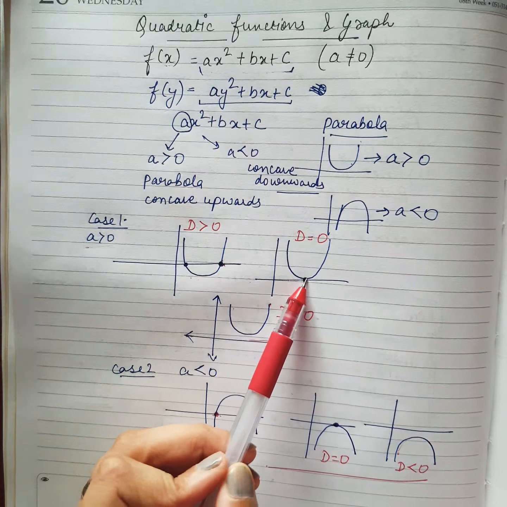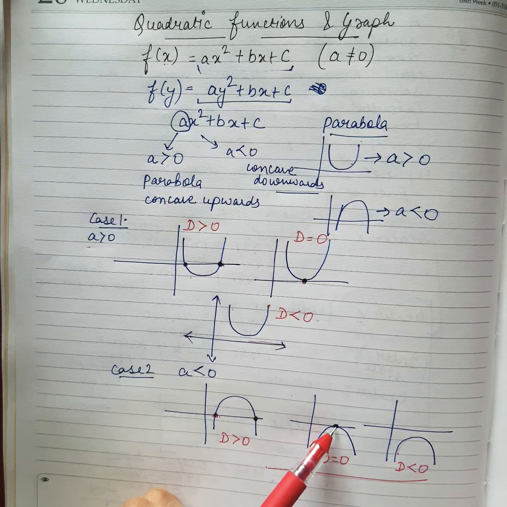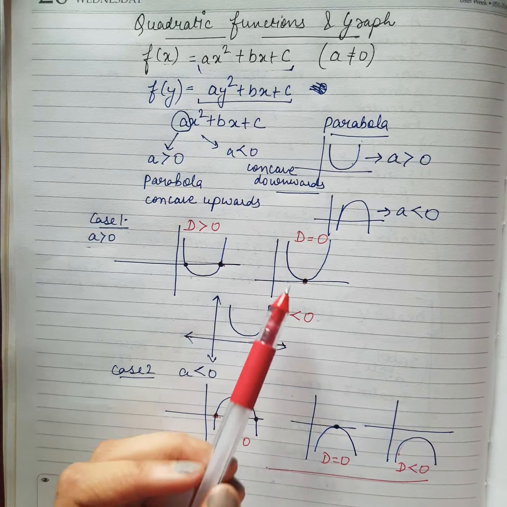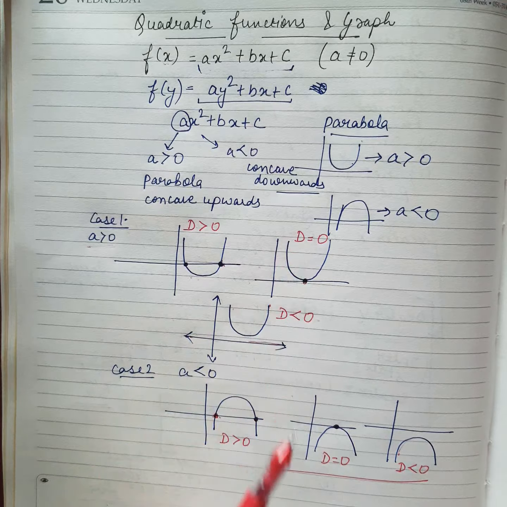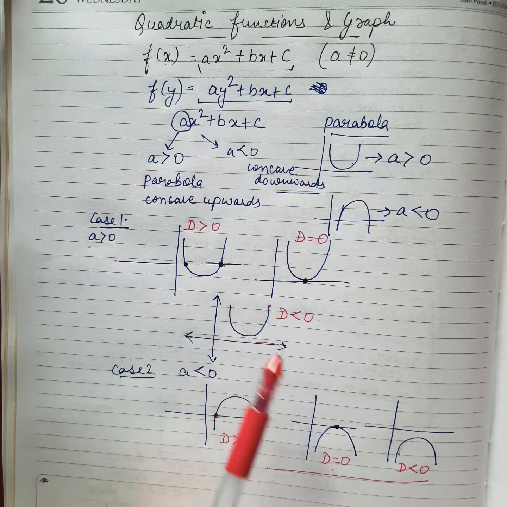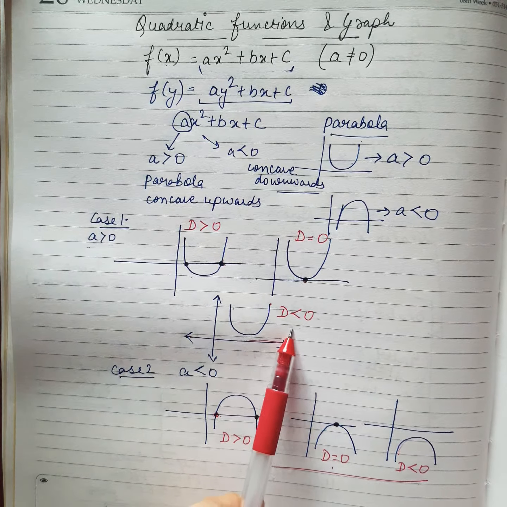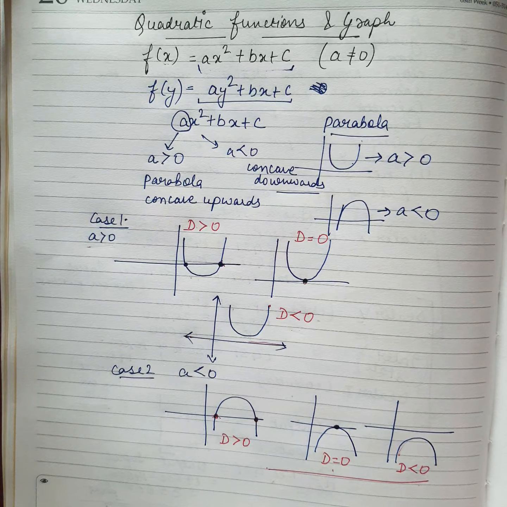Second, if it is touching only once, then this particular value is the root of the given quadratic equation and discriminant is equal to 0. And when it is not touching at all, that means in this case roots are imaginary. So for imaginary cases we have discriminant less than 0.